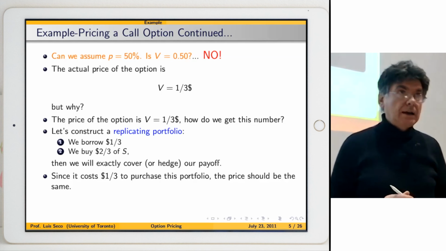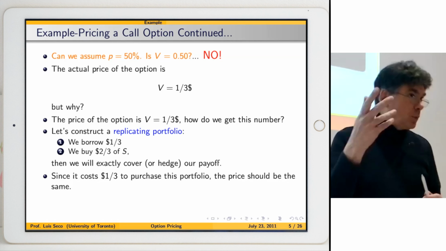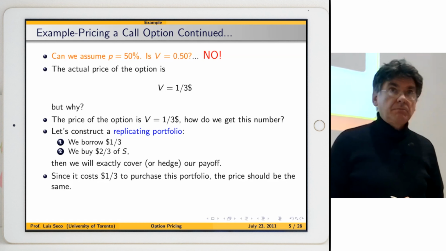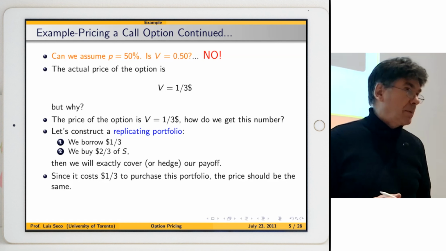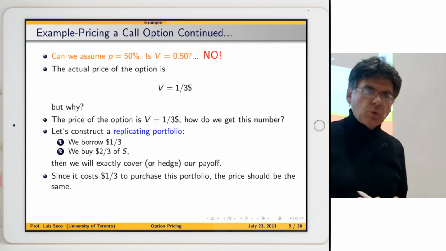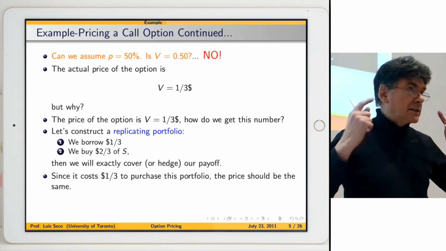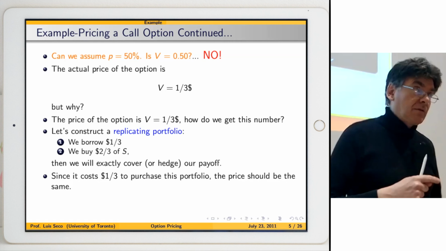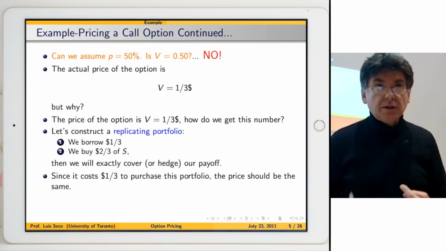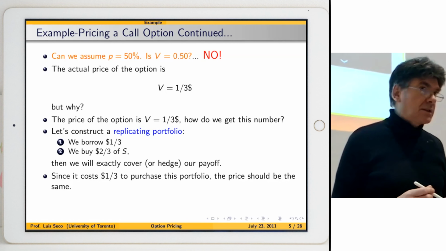Probabilities should not fool us into thinking that the prices are given by probabilities, unless they are what we will define later on today, the risk neutral probabilities. That's the actual word, or the implied probabilities. The price is 1/3 because we can build a replicating portfolio. Note that it's because we can build a replicating portfolio and not because I can define the implied probability that prices the stock correctly.